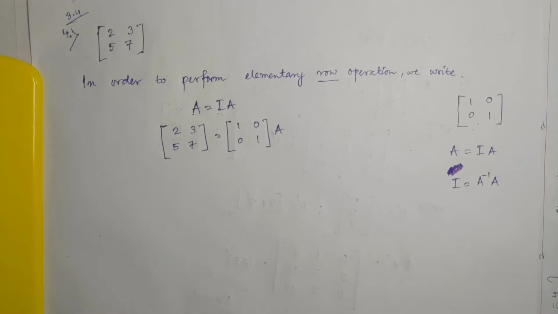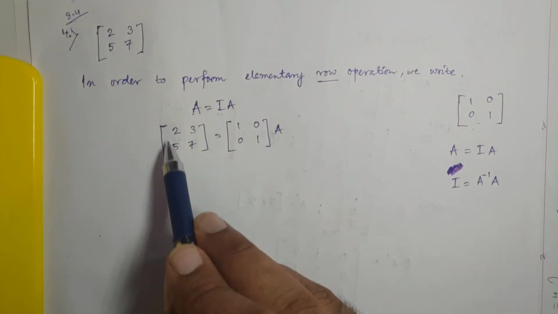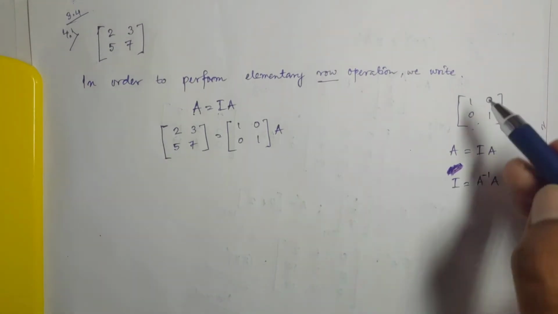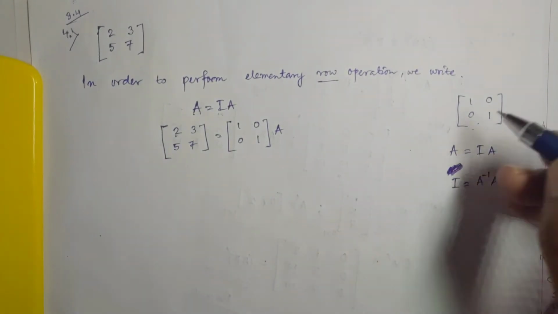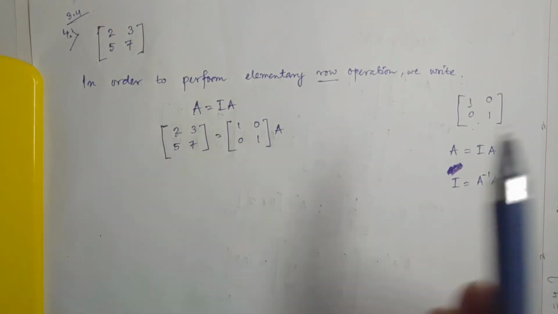Let's do the operations. First, we look at the first column. The first element is 2 here, but it should be 1. So I need to make this 2 into 1.